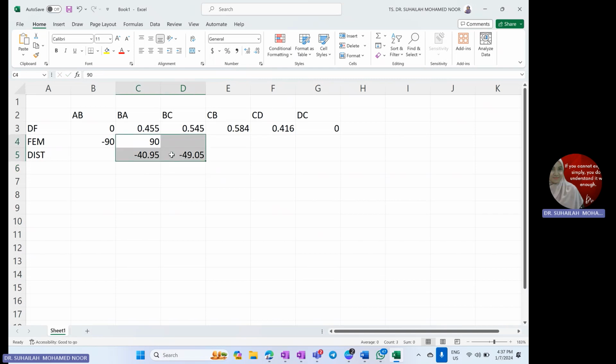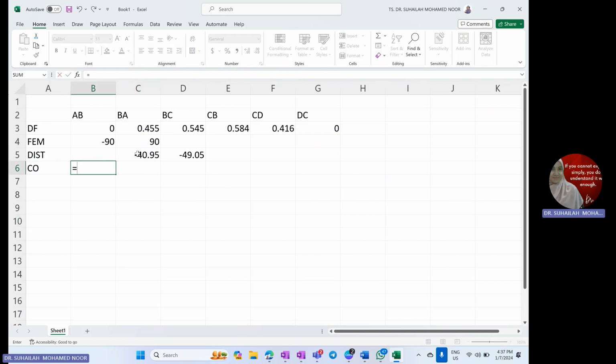These values must equal 0. There is no more FEM value, so we have to carry over. For carry over, cross the boundary, we divide by 2.